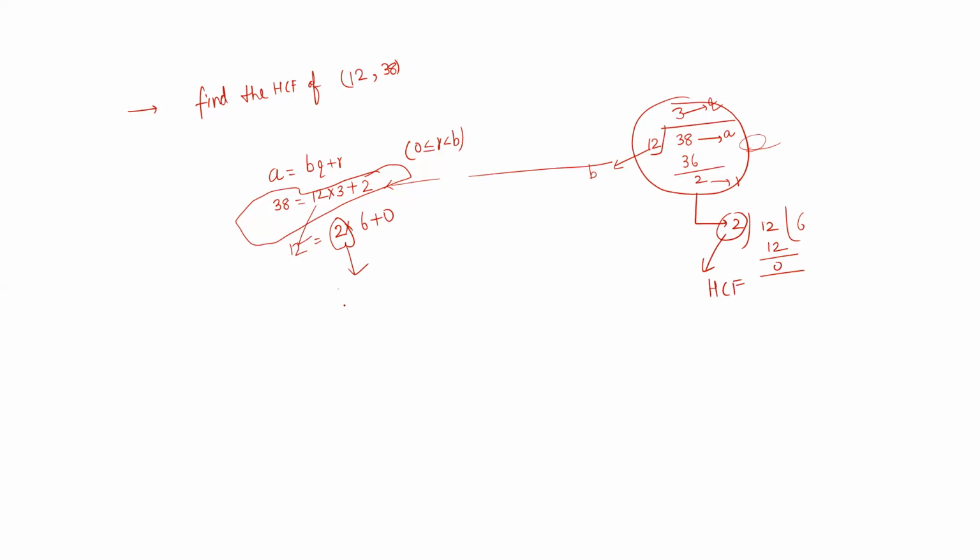So the HCF is the value of B when we get remainder 0.